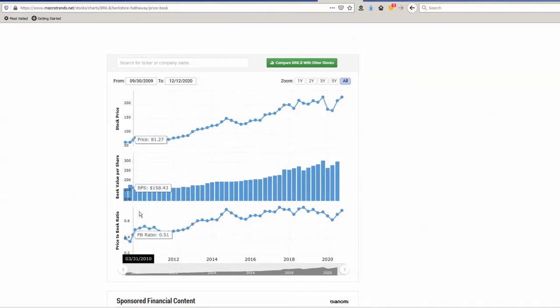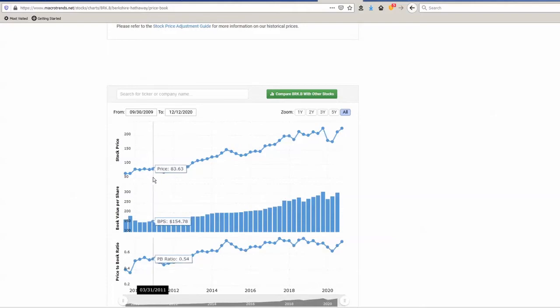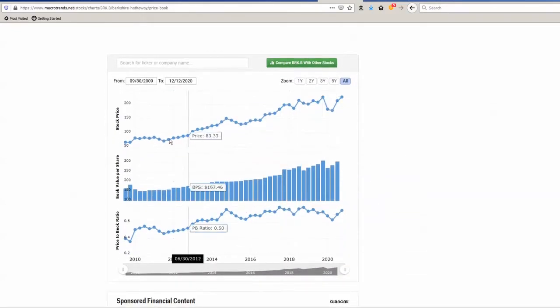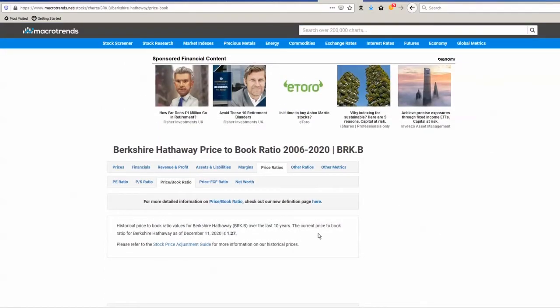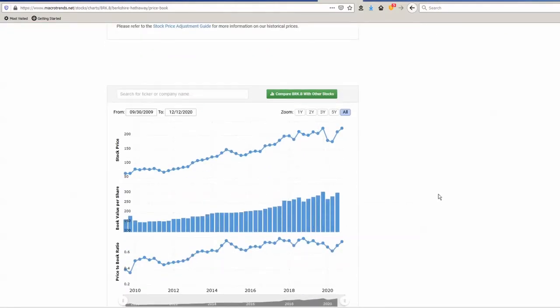You've got 10 years in graphical format of the price to book ratio. So you've got the stock price at the top, you've got book value, and therefore your price to book at the bottom. So you can see a good time to buy would have been in June with a price to book of 0.63, and it's now way up to 1.27, so it's effectively doubled.